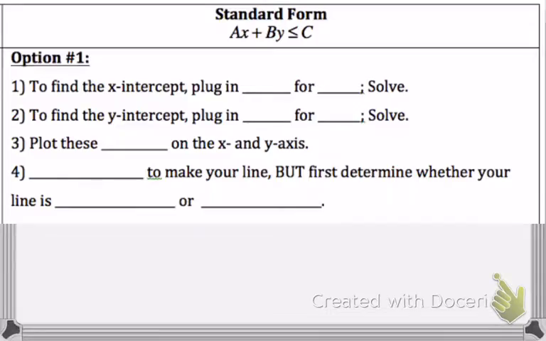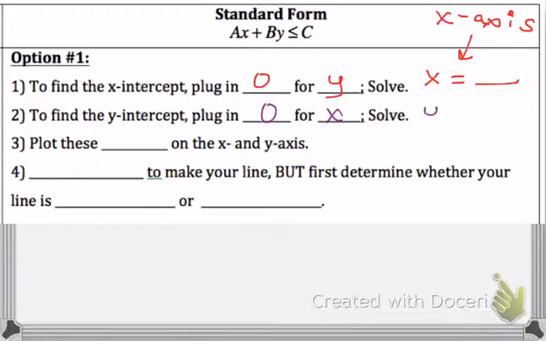All right, so now standard form is our other graphing, right? So to find the x-intercept, we plug in 0 for y and solve. Typically we get x equals at some point that goes on the x-axis. This should be already ringing a bell for you. Then we plug in 0 for the x and solve for y equals, and this goes on the y-axis.